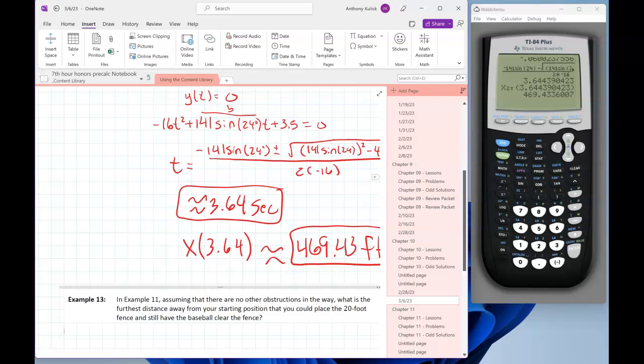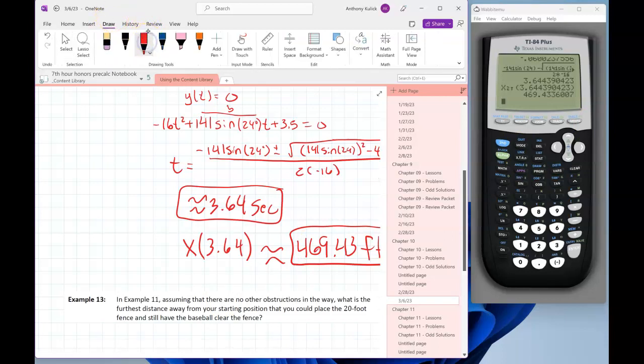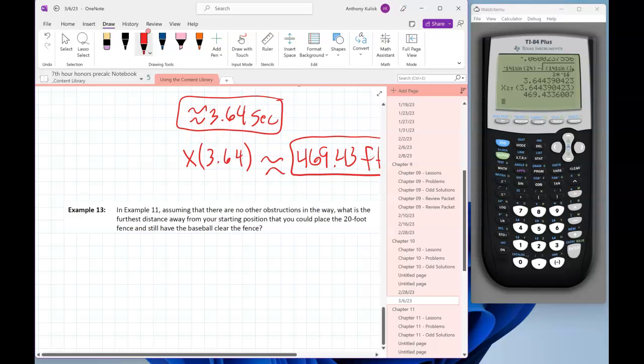What are we looking for, an X or a Y? X. So we're going to start with Y of t. What's Y of t got to equal? Yeah, what's the minimum height the ball has to be to get the home run? Height of the fence, right? So it has to equal 20. So that's the equation we're going to be solving.